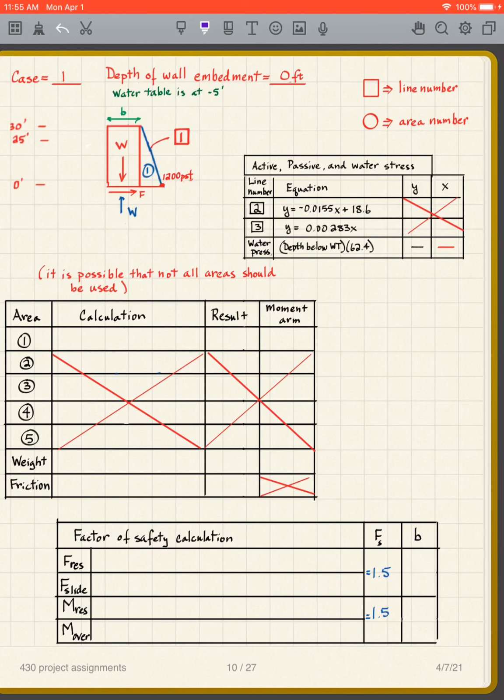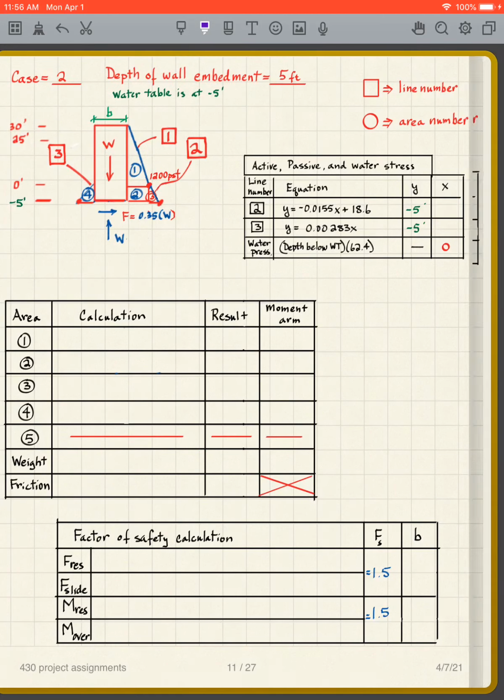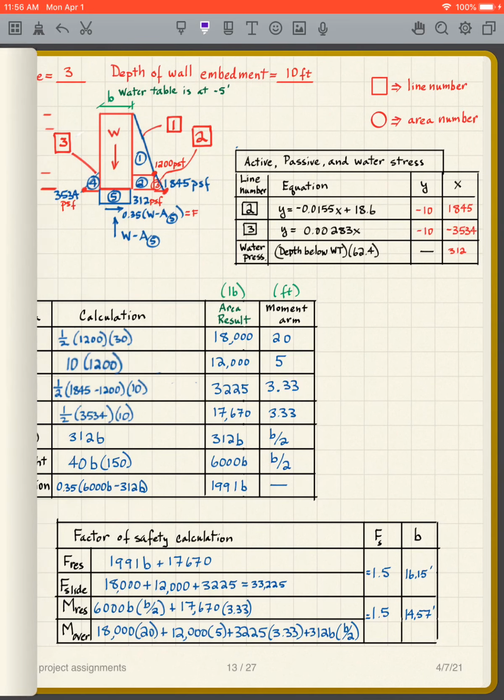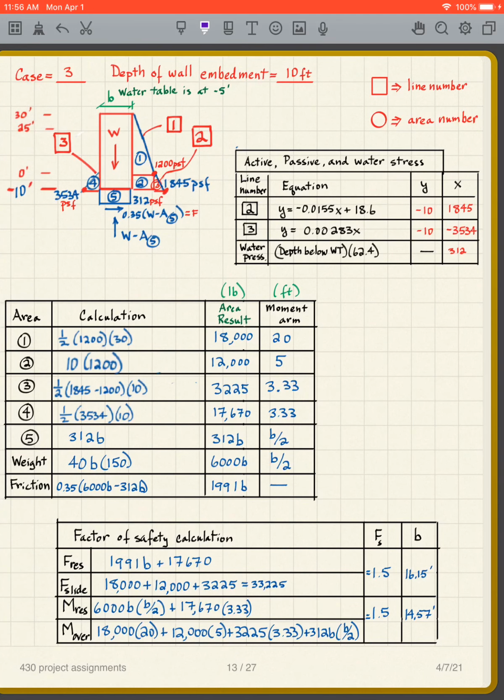So let me go to case number 3, and I'm going to do the solution for you, and then you can use this as a guide for doing the other cases. So this is case 3. The depth of the wall embedment is 10 feet. And what I'm showing here, I'm showing the diagram for you in a sense. So like I said, I've helped you out a little bit.